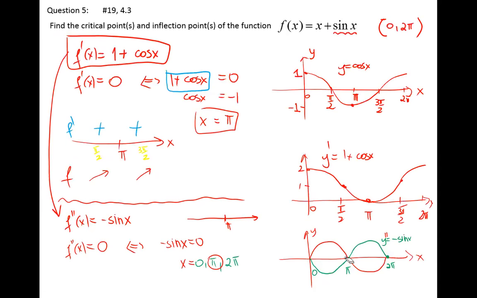At x equal pi, the second derivative is negative on the left-hand side, and positive on the right-hand side. This means the function is concave down and concave up. We do have an inflection point at pi.